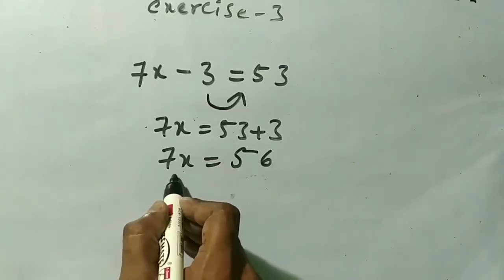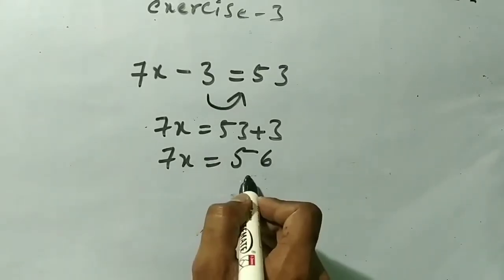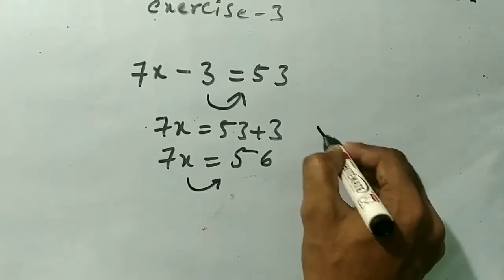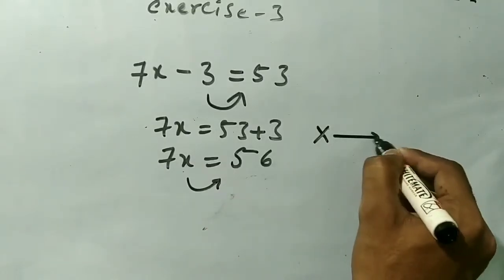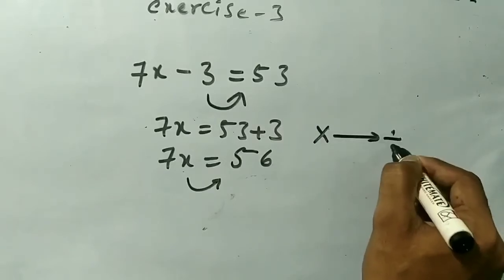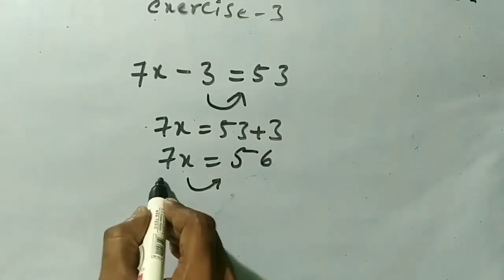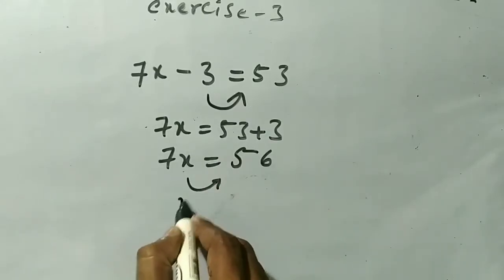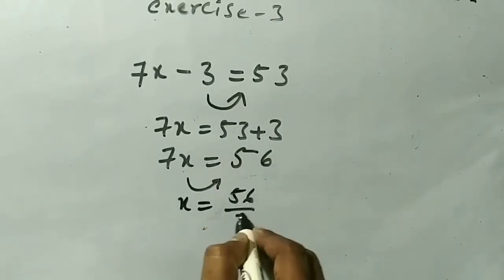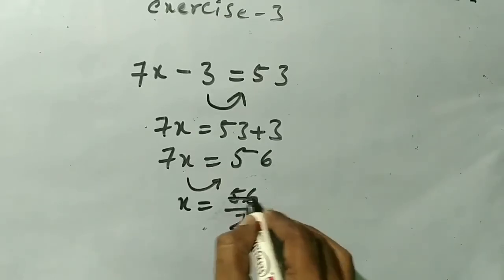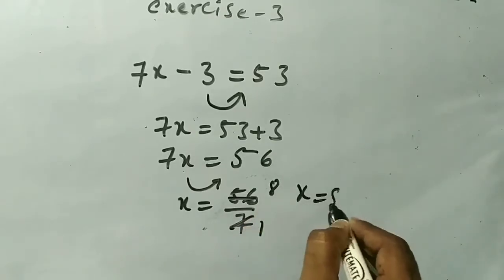When multiplication goes to the RHS, that is the right hand side, it becomes division. We know this already: it transforms into division when it goes from LHS to RHS. So x is equal to 56 by 7. 7 eights are 56. So x is equal to 8.